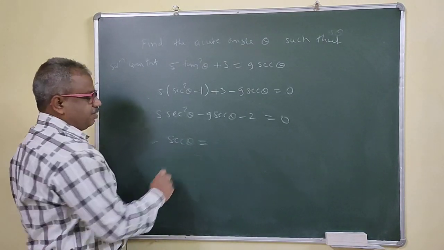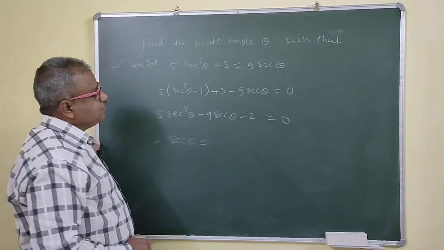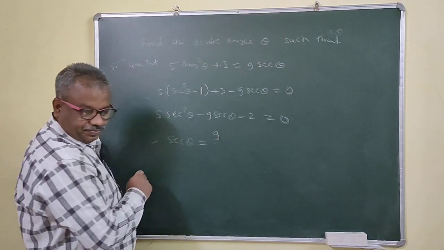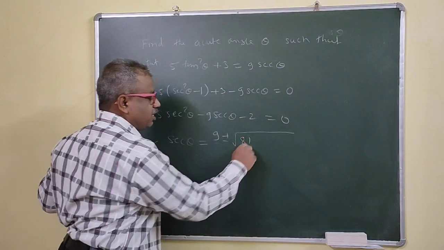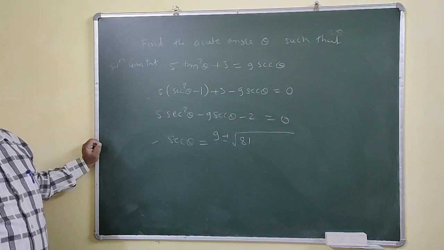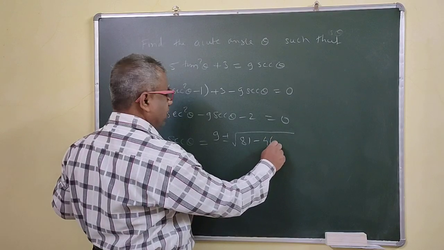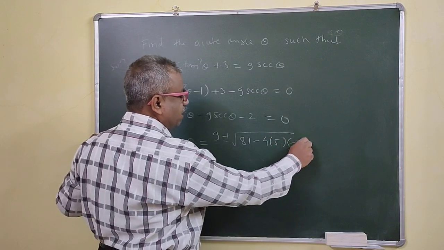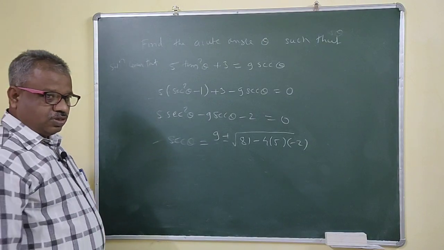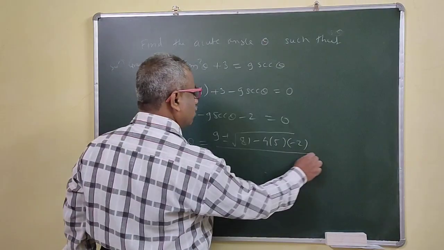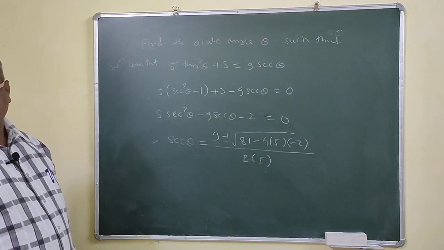This is sec theta equals minus b, so minus b means 9, plus or minus the square root of 9 square, which means 81, minus 4, your a is 5, your c is minus 2. Take care of the sign of c. All this upon twice a, that is 2 into 5.